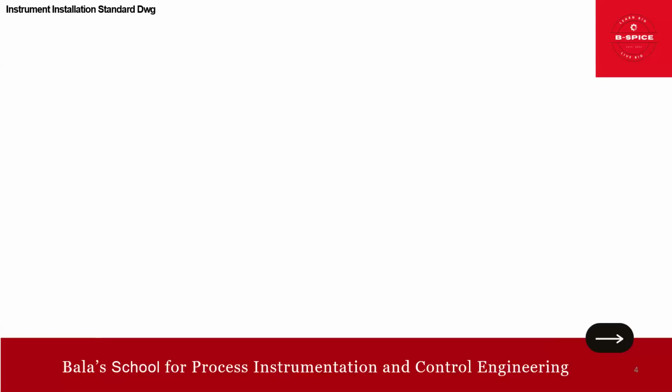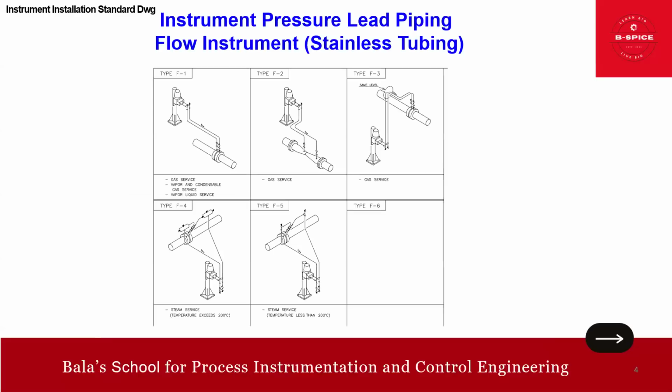Now we will see the different types of piping methodology or routing based on the flow measurement, meaning flow or pressure or differential pressure. So in this case, it's a flow instrument.